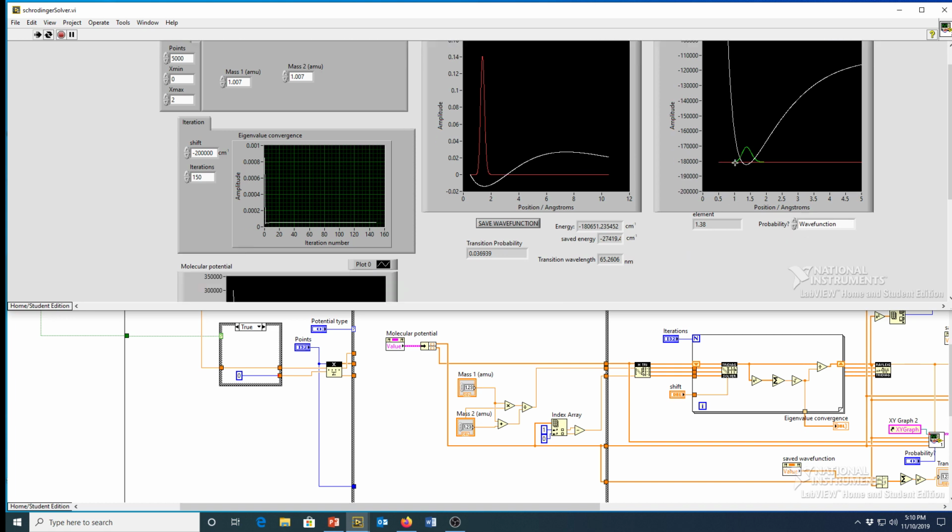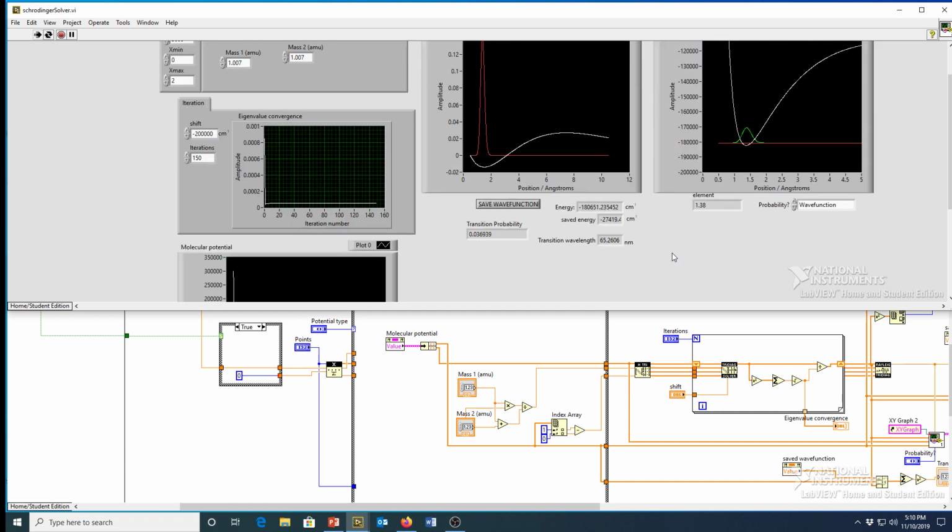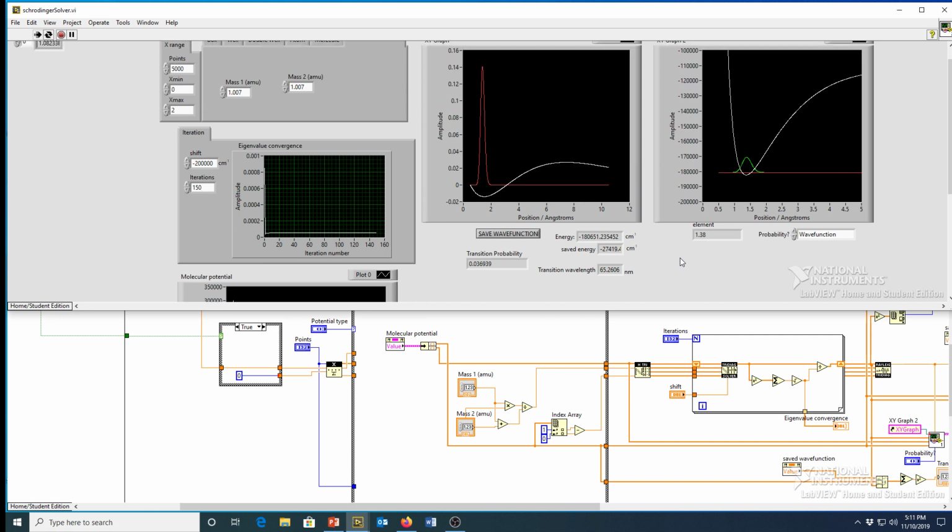You can tell it's the V equals 0 because it's the modified version of the 1/2 period of a sine function for the guitar string wave functions we've been talking about for a while. The energy is right here. It's on a scale still where 0 is the ionization energy of hydrogen. So this number by itself doesn't make a lot of sense. When you see a potential energy curve plotted in most situations, either the asymptote will be 0 or the bottom will be 0, but it doesn't matter.